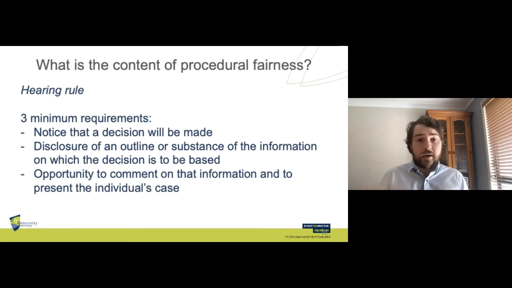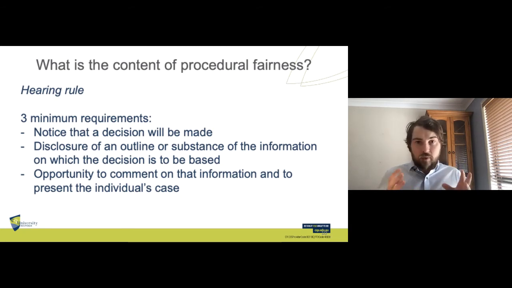Firstly, looking at the hearing rule, there are three minimum requirements. First, that a person will receive notice that a decision has been made. Secondly, that there will be a disclosure or an outline of the substance of the information on which the decision is based, and an opportunity to comment on that information and to present the individual's case.